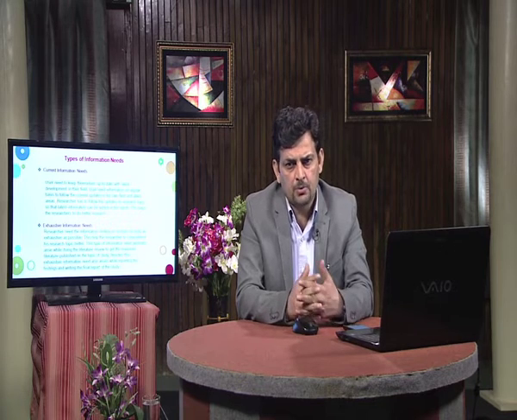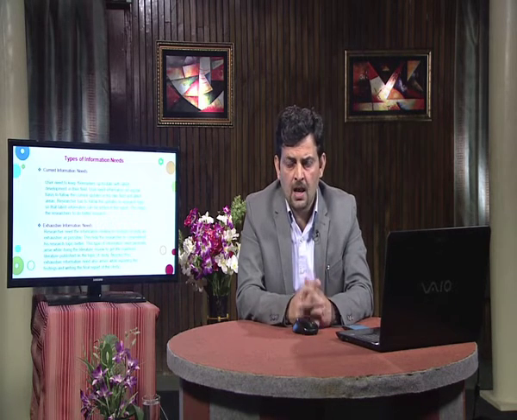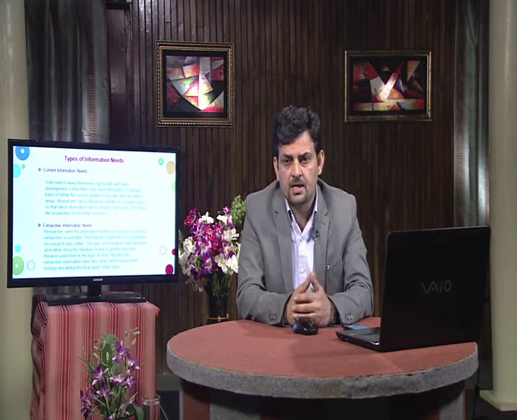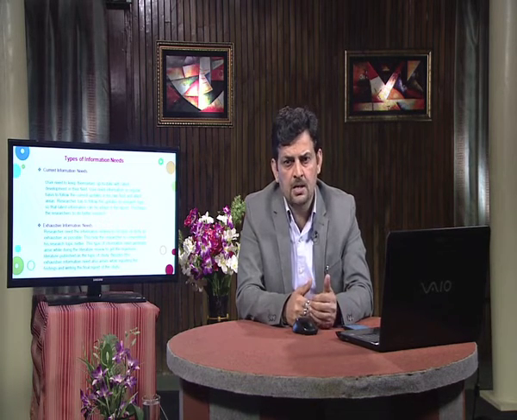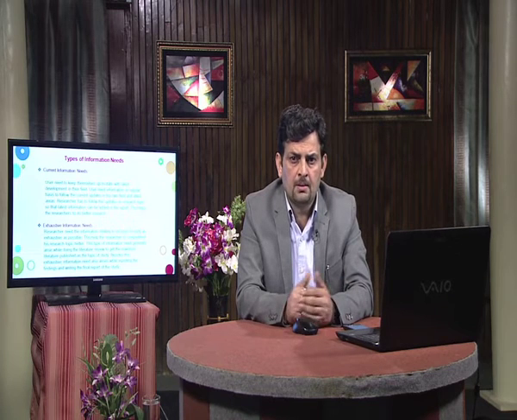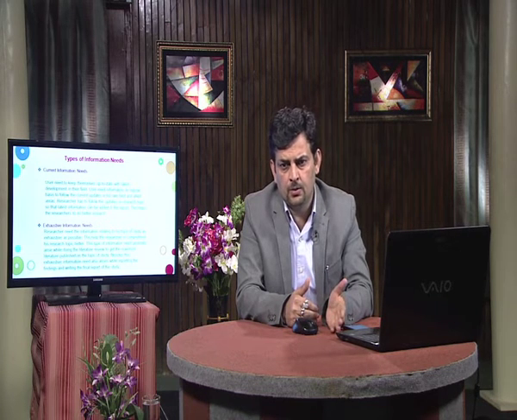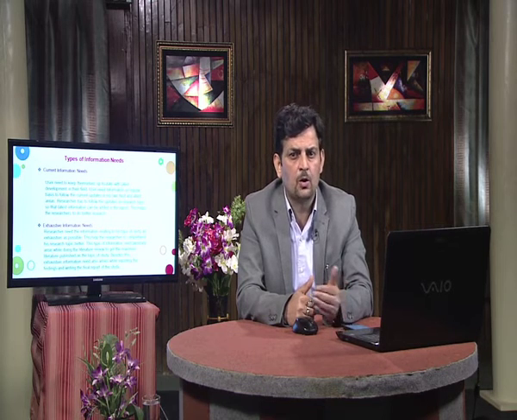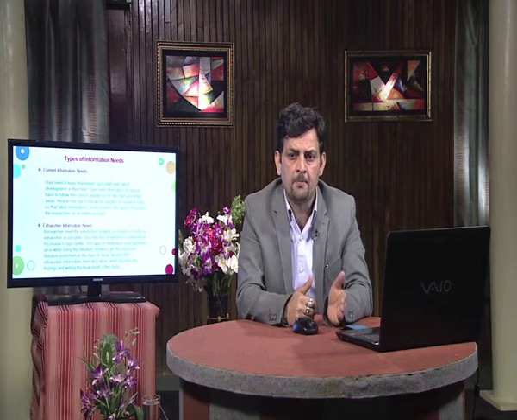So, for instance, if I am doing research on a particular topic, I need current information related to that topic on a daily basis. If I don't have current information at the end of my research, I am going to do outdated research, basically. This antiquated research will not have any relevance, will not have any impact.